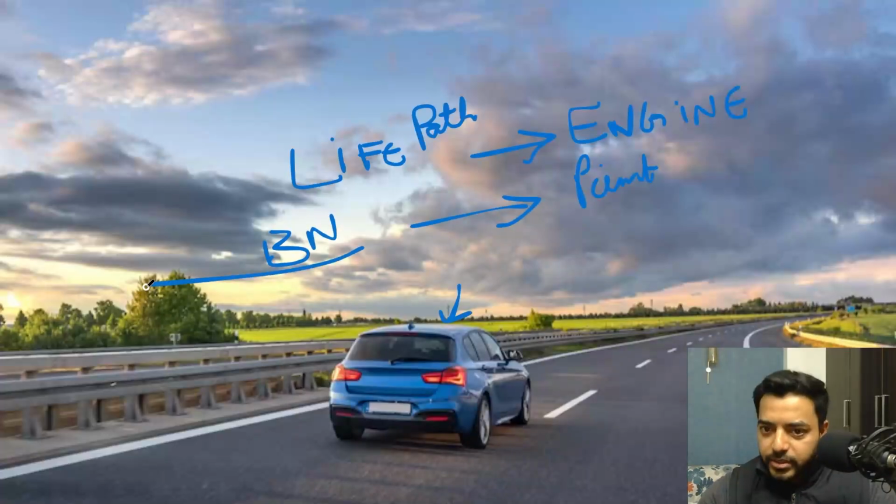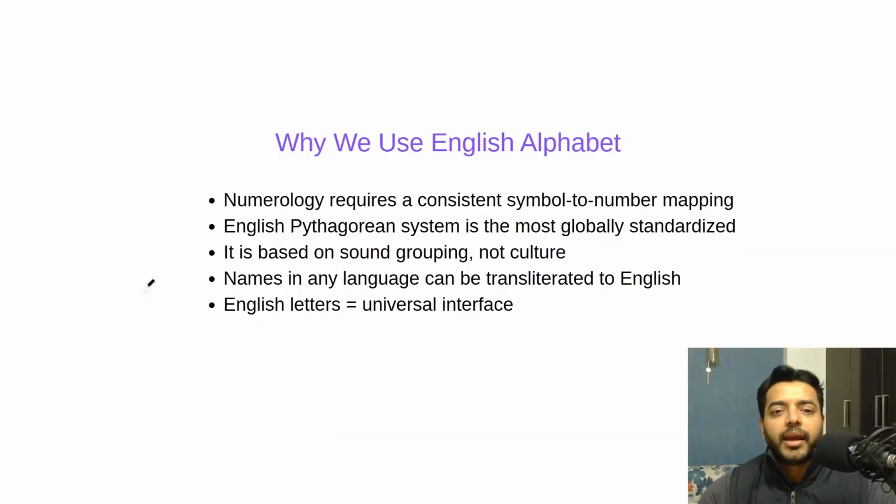Right? So let's go ahead, and I think one of the questions that you had till now is, why do we use only English alphabet? We did a little bit of study on this initially. We did discuss this. The idea is numerology requires a consistent symbol to number mapping, right?